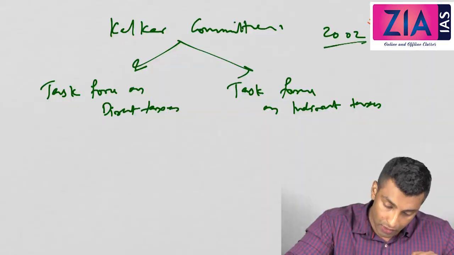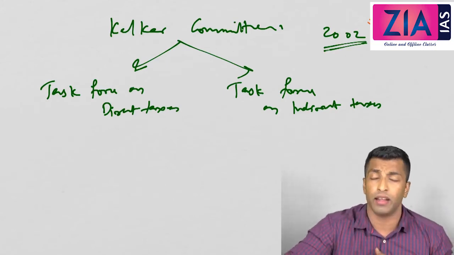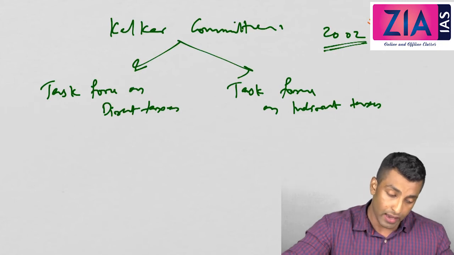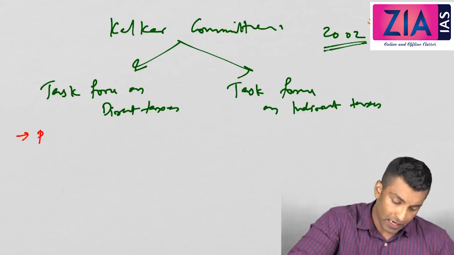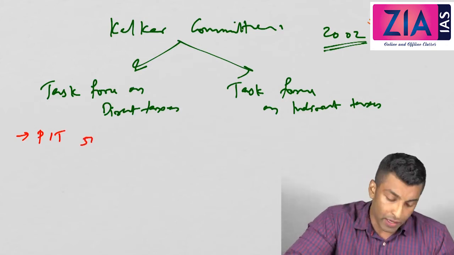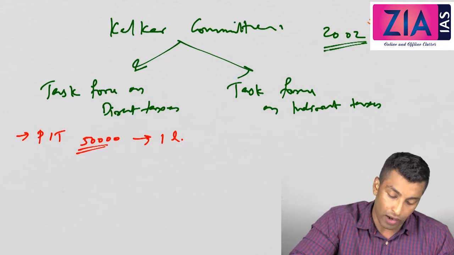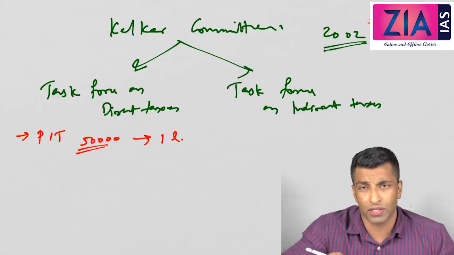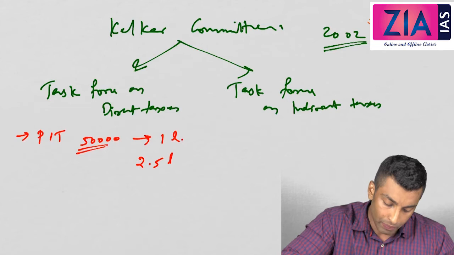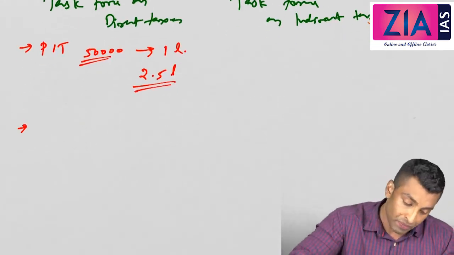So the report was in 2002, and we'll see what all the recommendations are in the direct taxes case and in the indirect tax case also. Okay, so in case of direct tax, the first recommendation is actually in case of personal income tax. See, the exemption limit was 50,000 at that time, and it had to be increased to 1 lakh. Now there is no significance, because now you know the exemption limit is actually 2.5 lakh. But I just told you this recommendation.